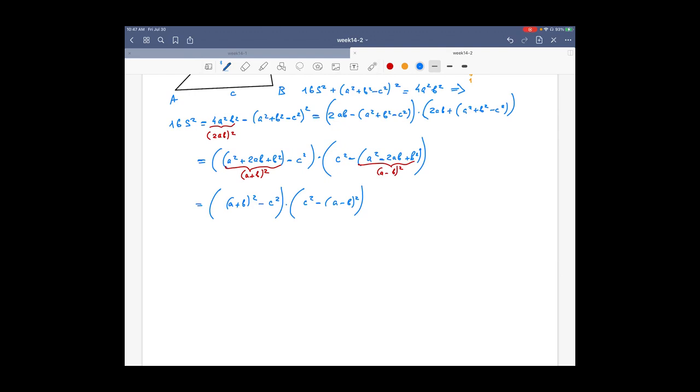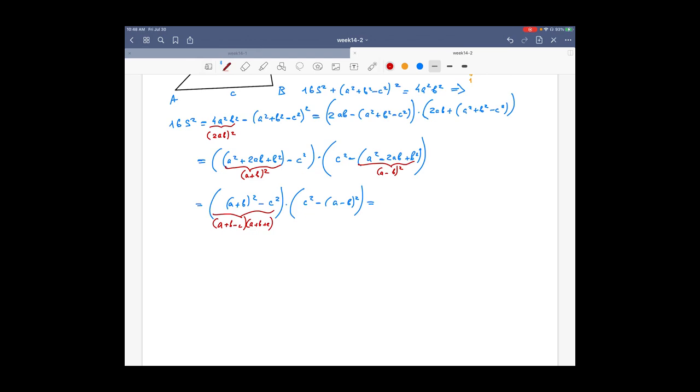Again, difference of squares. This here gives me a plus b minus c times a plus b plus c.